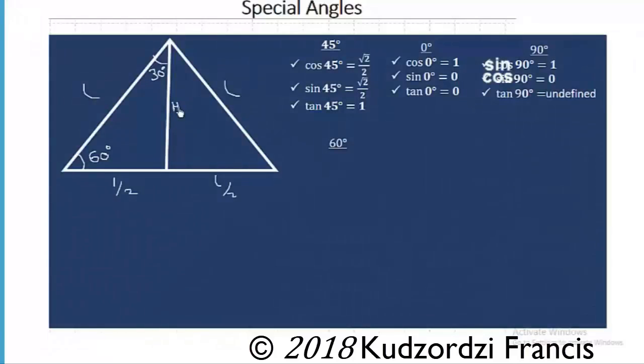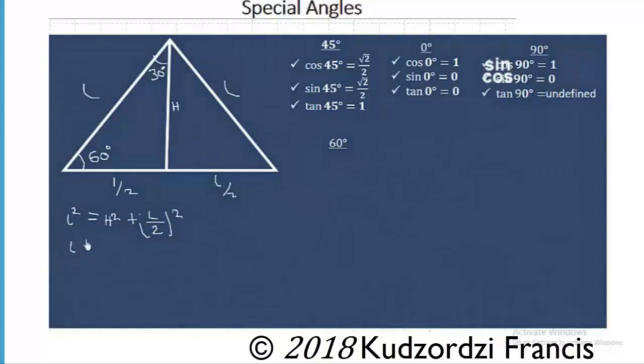h. So the length squared, hypotenuse squared, will be equal to the height squared plus length over 2 all squared. We are looking for the height squared, so we make that the subject. The height squared will be equal to the length squared minus the length squared over 4.